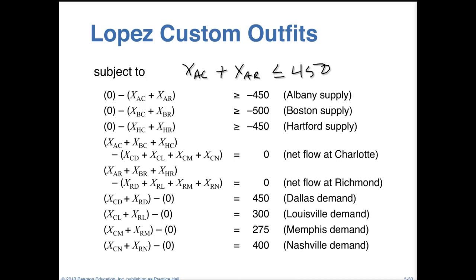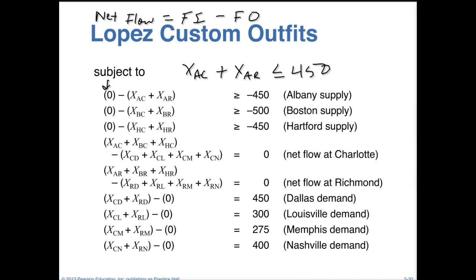And this 0 is there because you're looking at this as the net flow. So we want to know the flow going in minus the flow going out. Of course, we have nothing going into a supply node, so that's why it's 0. And the flow going out is all what's coming out of Albany, going to either Charlotte or Richmond. So that's why here on the left side it's going to be negative.